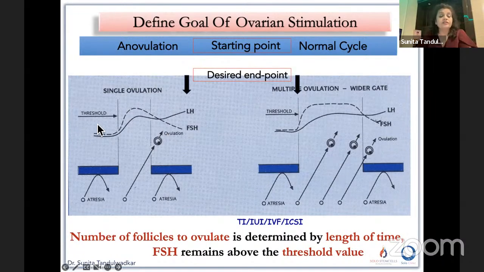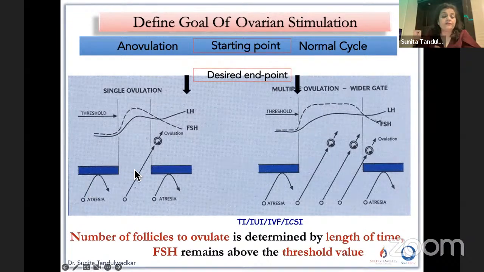In the same way, this threshold we work out or decide by the age, the body mass, BMI, then her AMH level, and also her AFC. By that, we come to know what our FSH dose should be so that we can go above the FSH threshold of that patient.